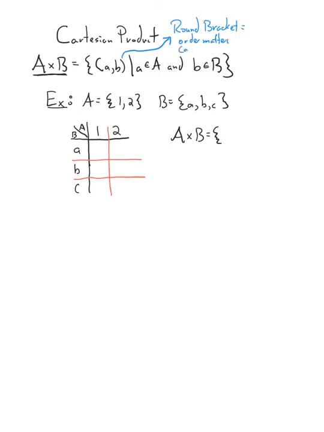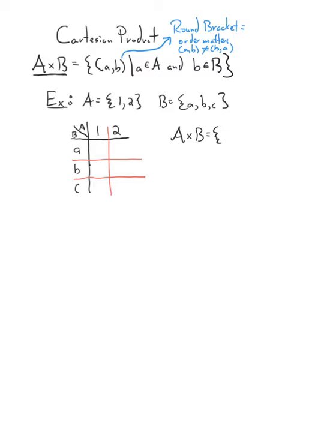So AB is not the same thing as, I should write BA, not AB again, as BA. So here, order matters. So the way you make these sets, you can think of it like multiplying.